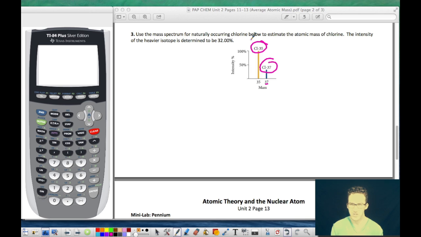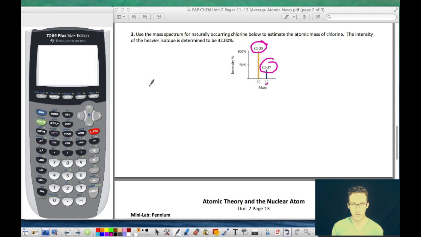Okay, so as we think about solving this, you need to recognize that the total percent abundance has got to equal 100. And so you can't just pull the percentages from their intensity values on the mass spectrum. What we have to do is called normalizing those intensity peaks.